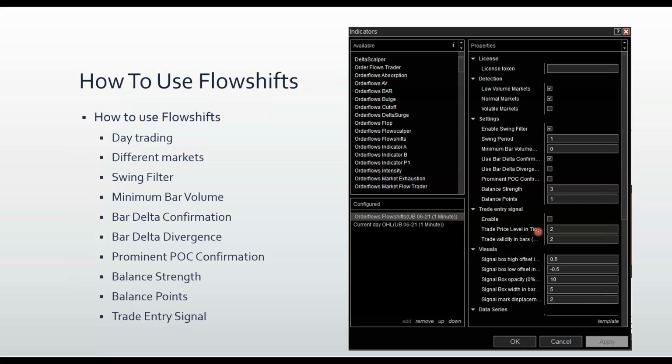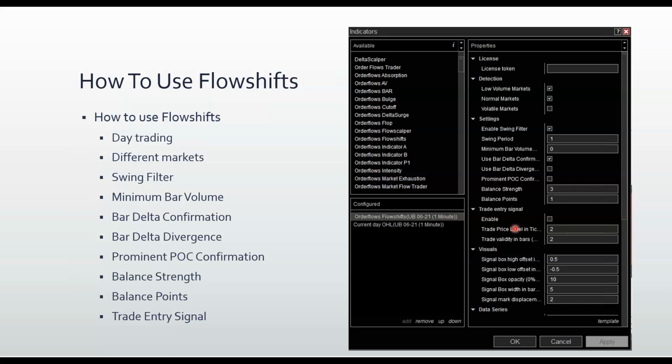So what the trade entry signal does is it tells before it plots a signal, right? It looks for the flow shift. I have this on all my tools. It looks for the shift happening, and once it happens, now it's getting ready, right? It can plot a zone, or you could turn that off. It's telling me, hey, you know what?